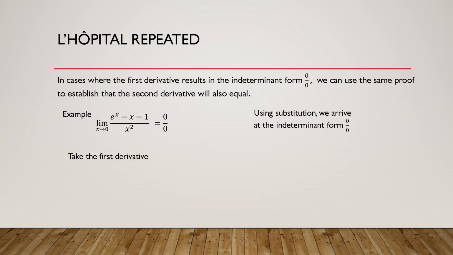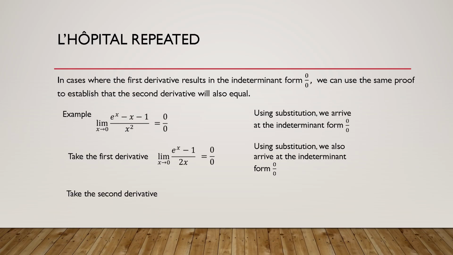When we take the first derivative, we get the limit of e to the x minus 1 over 2x as x approaches 0. Again, we use substitution to get the indeterminate form 0 over 0. When we take the second derivative, we get the limit of e to the x over 2 as x approaches 0. This one yields the correct solution, 1/2.